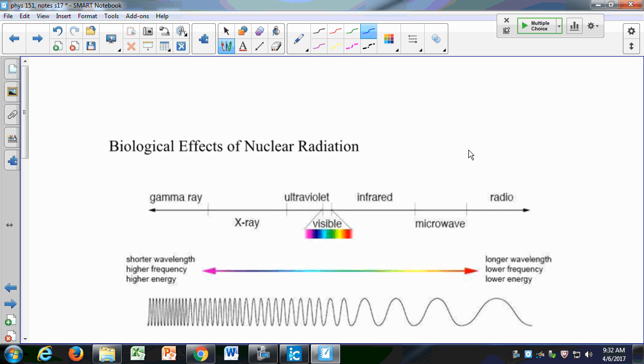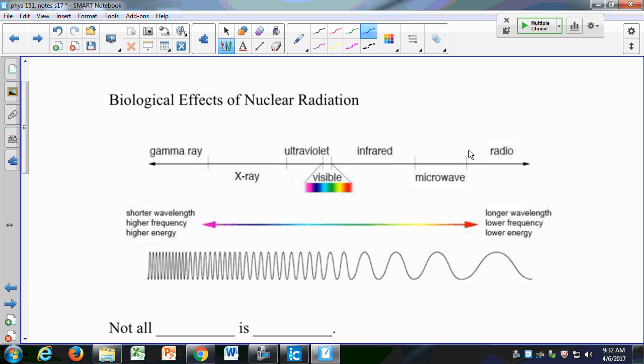All right. So this very last chapter is the biological effects of nuclear radiation. Listen, most of you are probably never going to see nuclear radiation at all, but some of you might if you go into various medical fields, because you use nuclear radiation a lot for various purposes, for scanning, for treatment of various things.